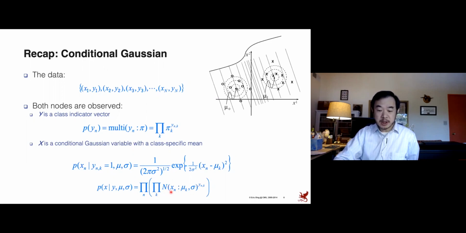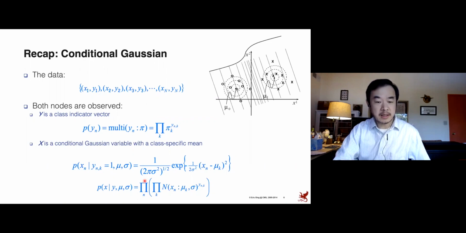And then which one to be chosen is determined by this Y, which is now raised to the power position, because whether they equal 1 or 0 will determine whether this particular component will be selected or reduced to 1. Okay, and then this outer product of n just tells you we have n data points. So it's a very neat expression to represent conditional Gaussian.